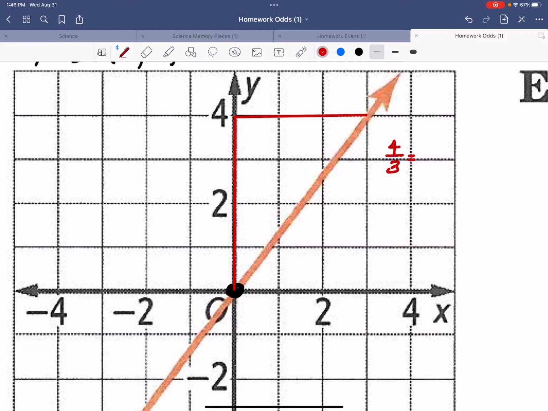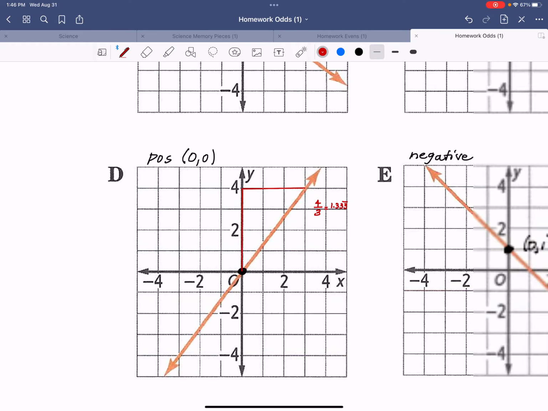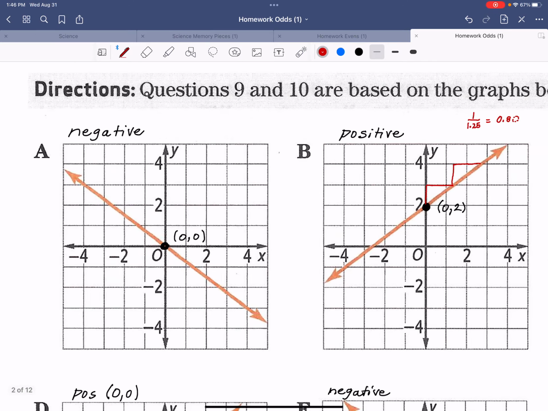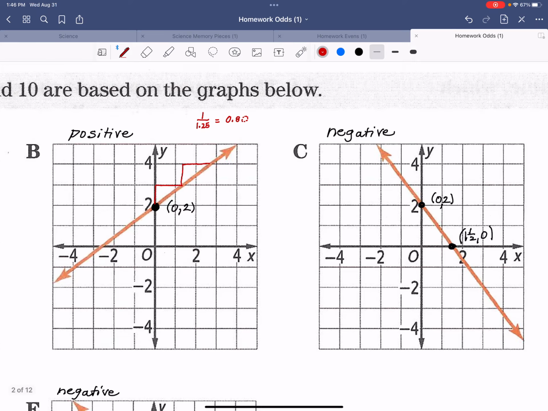That is, as a decimal, 1.33. And the reason I'm doing it as a decimal is because my answer is in decimal form, 0.75. So the one that I have, the B, is close at 0.80, so I would go with that.